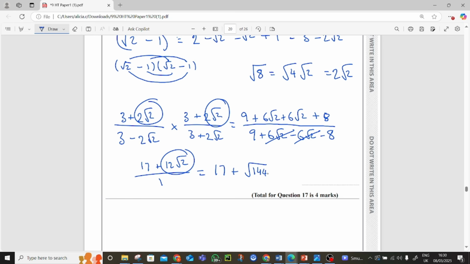So you can square 12 and put it in a root, and it's exactly the same. You have two ways of writing the same number. And that has been multiplied by root 2. And now I do the opposite of what I was doing in this process here. I'm working backwards. So 144 multiplied by 2 is 288. So this is 17 plus root 288. So quite a long question there.